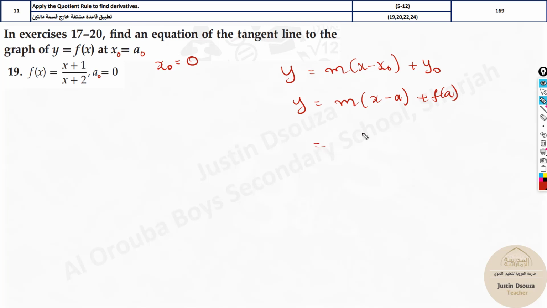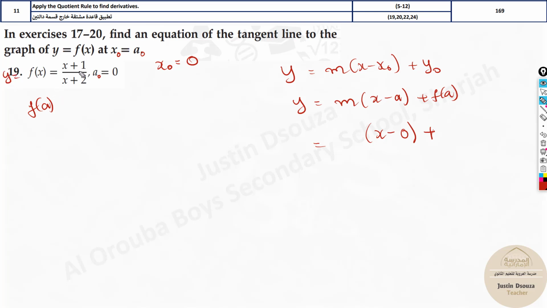Now I'll substitute. We know x minus x naught is what? 0. Or a is 0 given. How do we find this f of a or y naught? Here, instead of x, substitute a, or this is equal to y, right? This f of x means y equals, right?